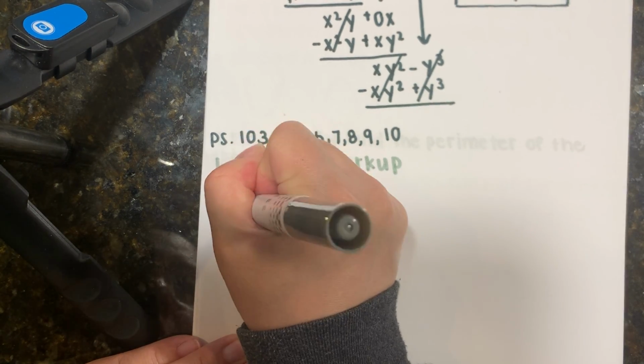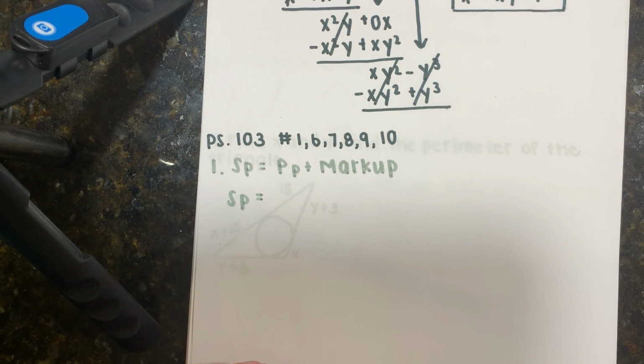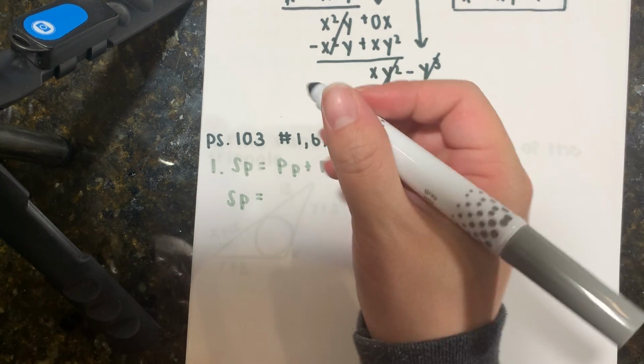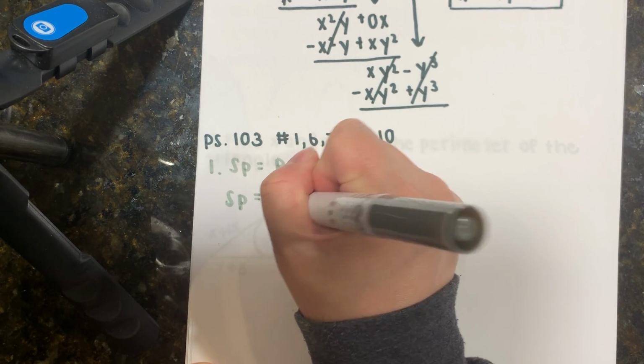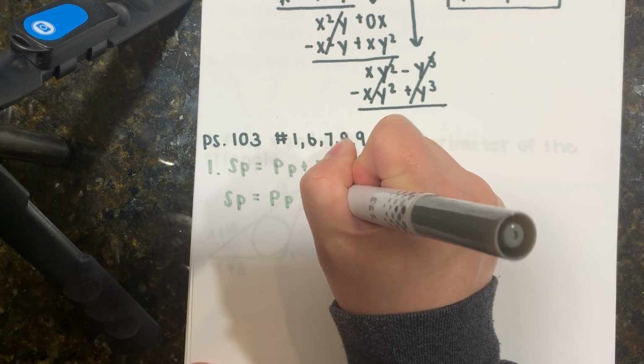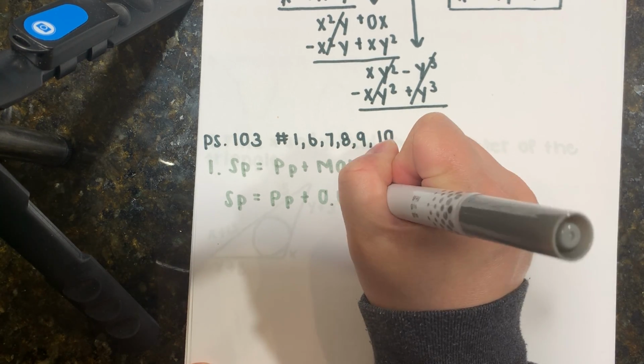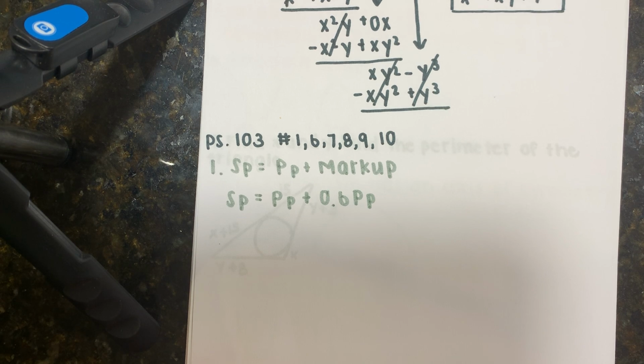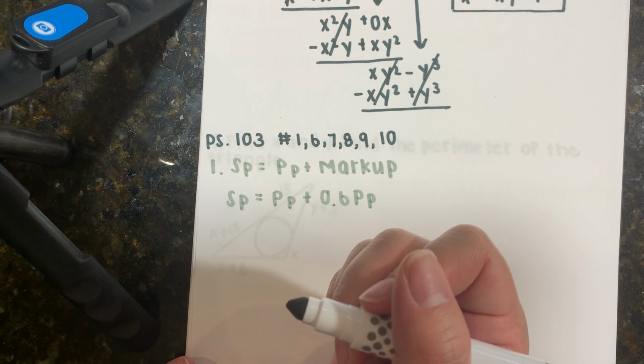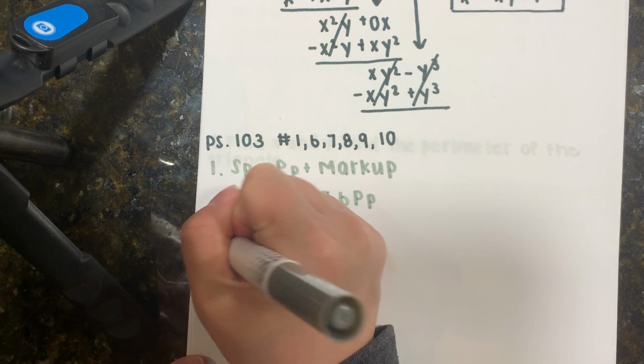And for our case, the markup is 60% of the purchase price. So 60% of the purchase price would be 0.6 of the purchase price. I know what my selling price is. It's $1,424.